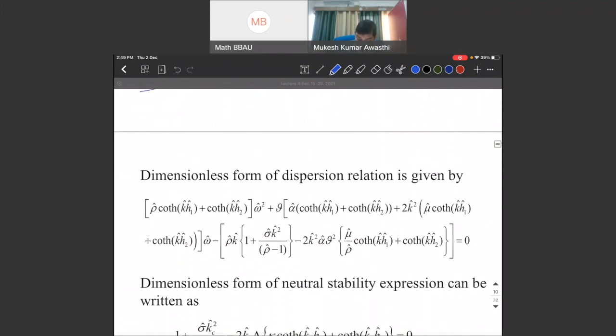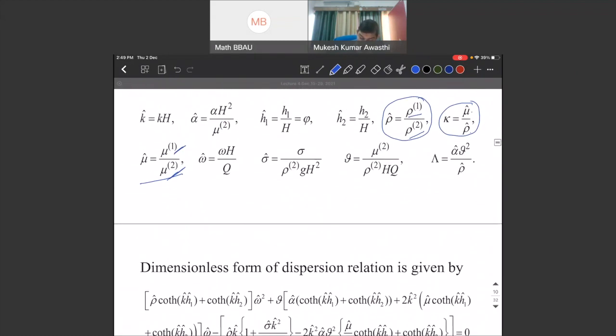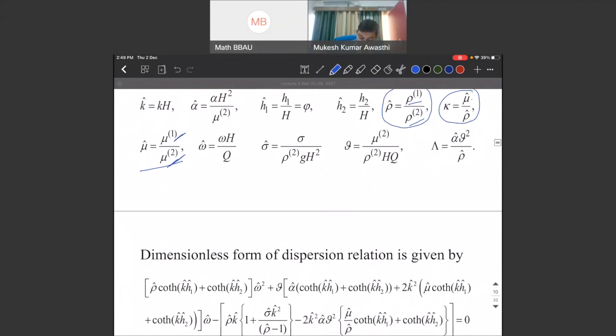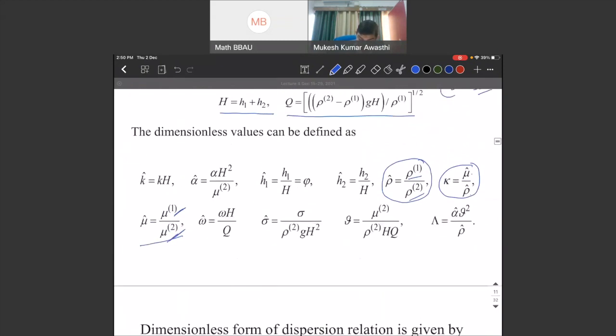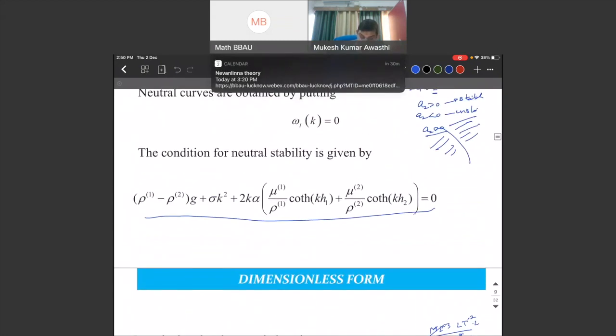Now, as we have taken those dimensionless parameters, we can get these equations in the dimensionless form. This is the equation in terms of growth rate, and this is the equation in terms of neutral stability.